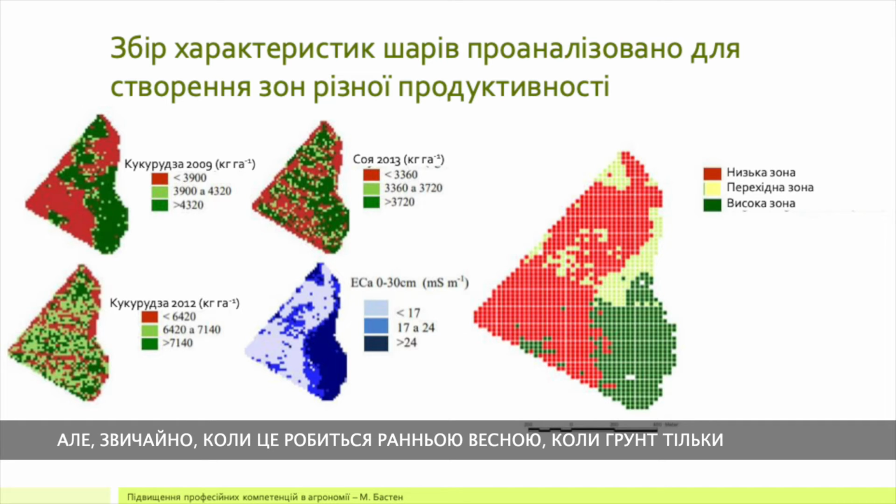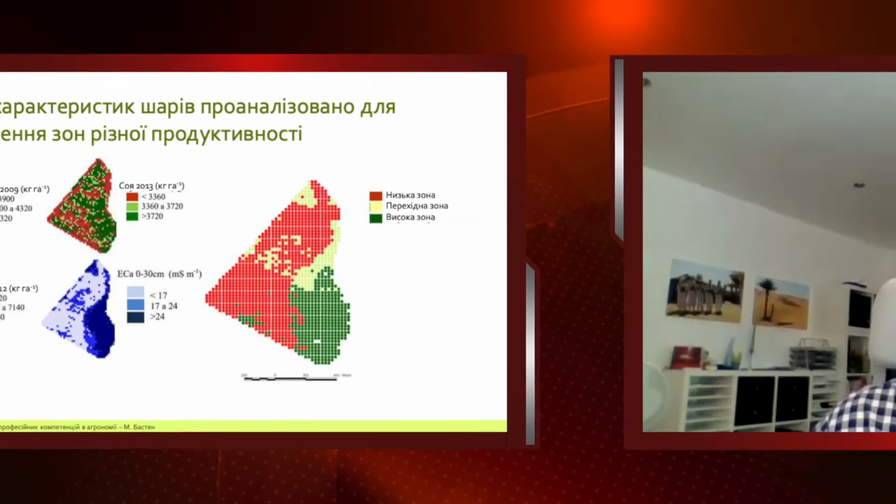But when it's done early in the spring, when the soil has just been refilled, then it gives you a good indication of the overall water holding potential of the soil. This is just the 0 to 30 centimeter layer. Of course, that represents only part of it, but there are different systems, and there's a lot of development on systems for electromagnetic conductivity measurement in the field.